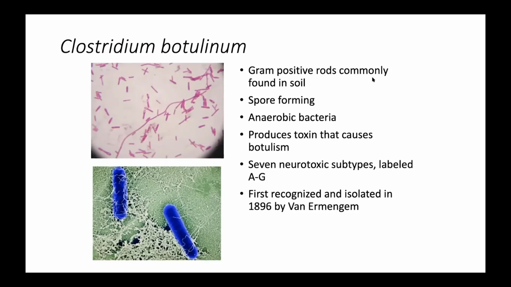It's the bacteria that's found in the soil. It's spore-forming, anaerobic, and it produces this toxin that causes botulism. There are 7 neurotoxic subtypes of botulinum toxin, labeled A through G. And we end up using botulinum A for cosmesis.